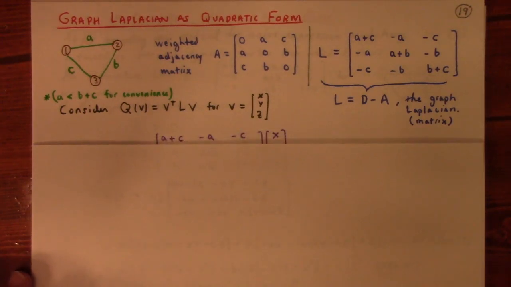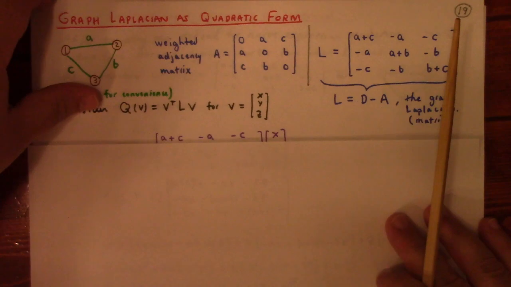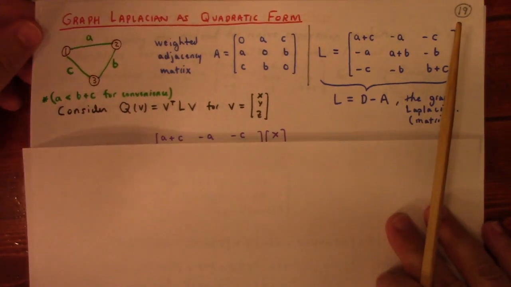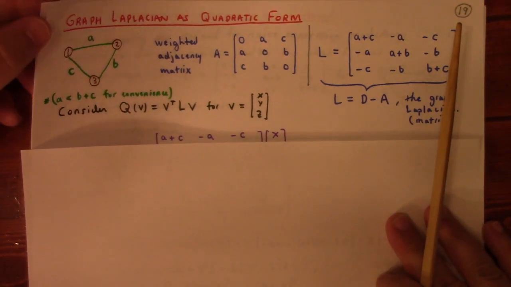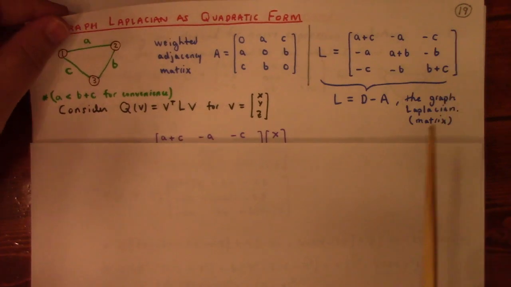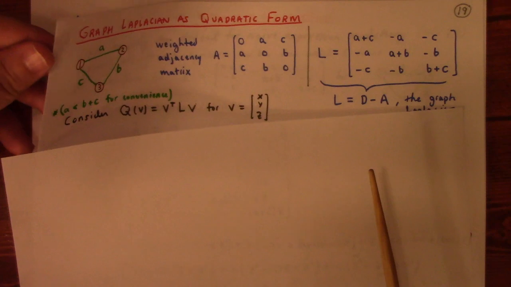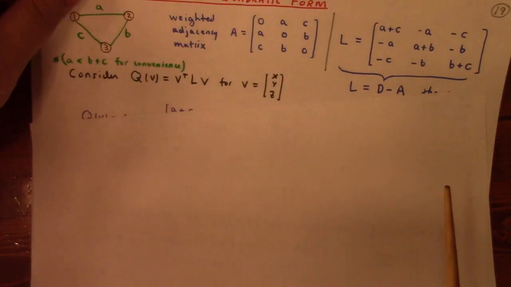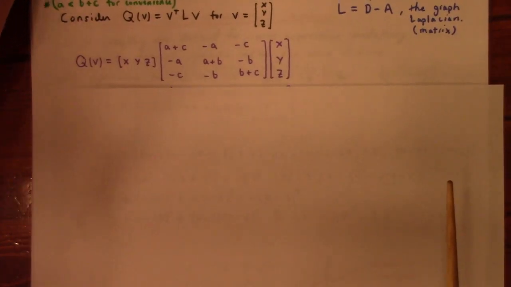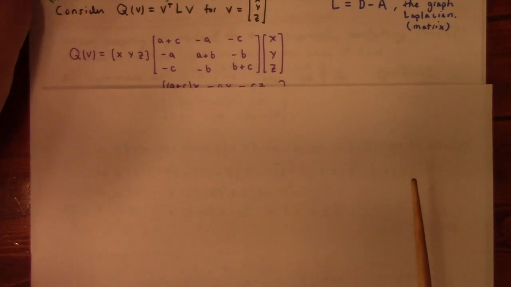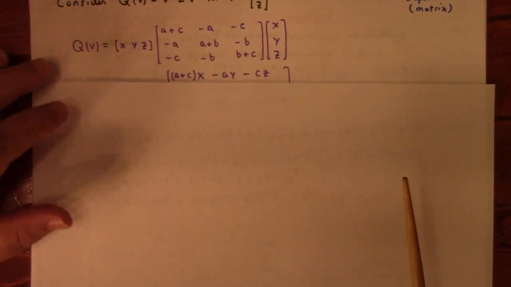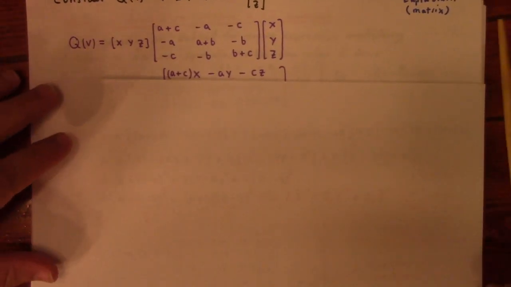So let's take a look at the formula for it. Maybe we can just calculate the formula and see what the eigenvectors look like for this graph. It seems like a reasonable claim. So here we go.